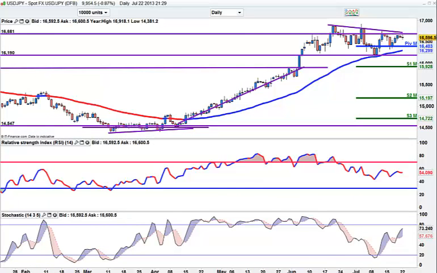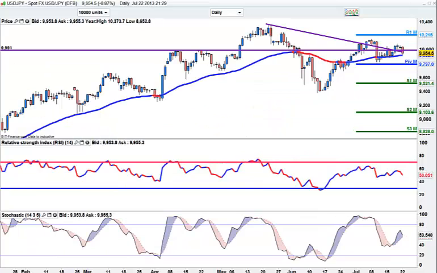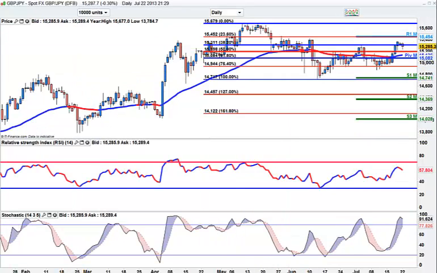Yen pairs, US dollar yen, not great. Holding on to the 50 EMA, the 8 and 20 EMA are just above it. Sideways, at best sideways. Pound yen. It's had a hectic 3 days last week, so just resting.